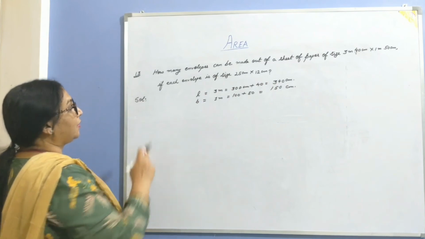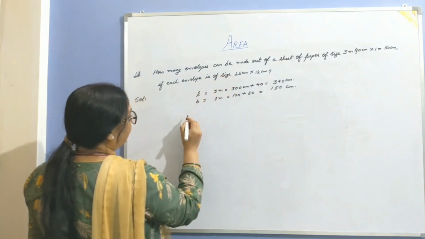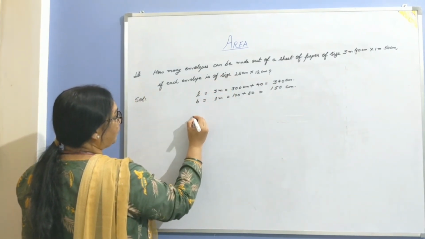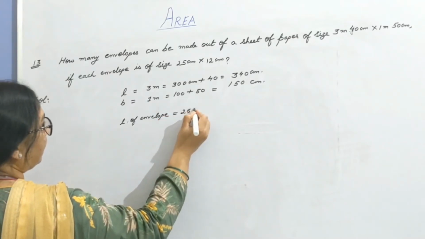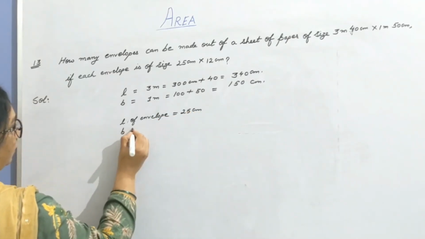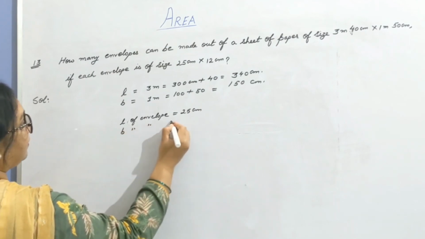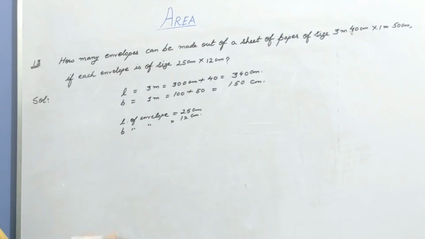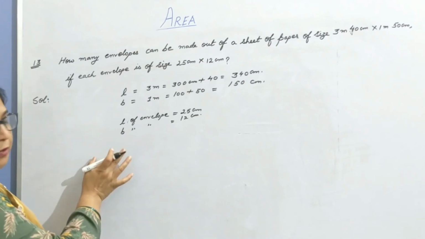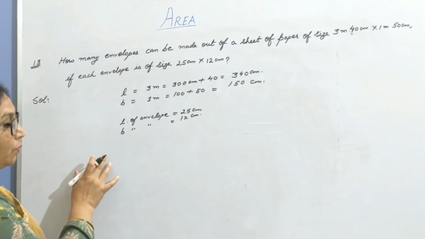Now let us write the length and breadth of the envelope. The length of the envelope is 25 centimeter and the breadth of the envelope is 12 centimeter. Now very important part of this question. Make a note, students.